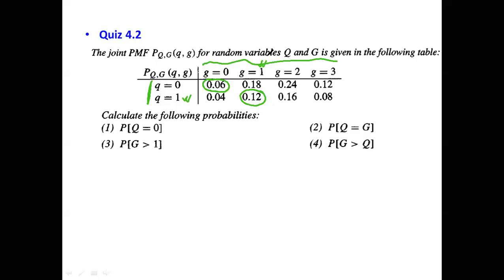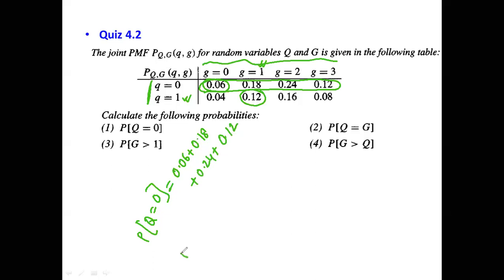What is that? Probability of Q equal to 0. How can we do that? Q equal to 0 means I'm taking all these G values. So if I add all the probabilities under this Q, then that will be the probability of Q equal to 0, and that will be equal to 0.06 plus 0.18 plus 0.24 plus 0.12.